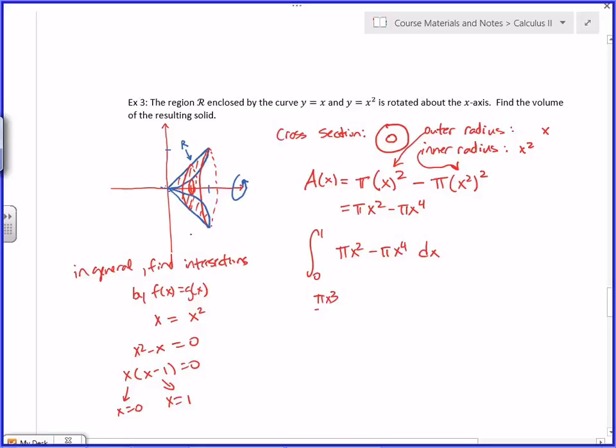Pi x cubed over 3 minus pi x to the fifth over 5, from 0 to 1. Which will be 1/3 minus 1/5 minus 0 minus 0, right? Oh, pi over 3, pi over 5. That's pi's. I don't know why I did that. You can always tell when I do something crazy.